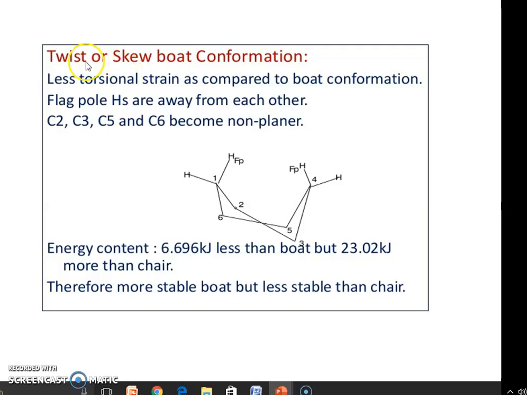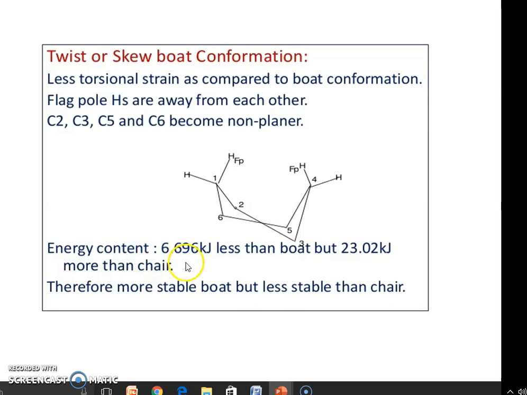If you take the twist or skew boat conformation, we can see less torsional strain as compared to the boat conformation, that is, the flagpole hydrogens are far away from each other, whereas C2, C3, C5 and C6 become non-planar due to the twist of the bond.